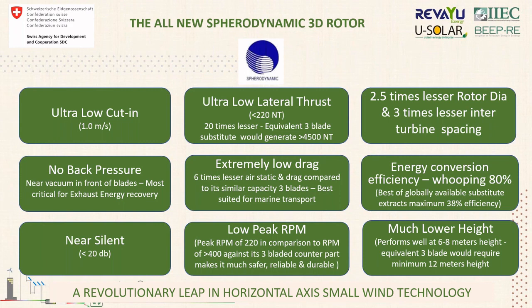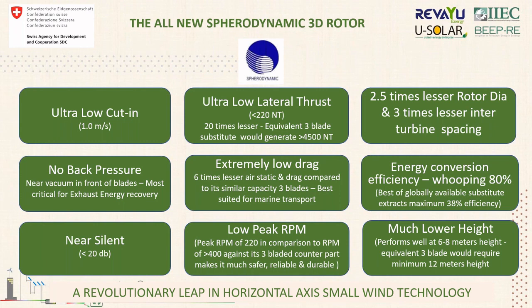If it throws the air towards the blade, and when our turbine moves, it throws the air back towards the exhaust, then it won't work in that industry. It is a failed product. But because there is no back pressure, it dissipates the air instantaneously backwards. So we are able to deploy it for exhaust energy recovery, which is another application which has been patented by Revayu.